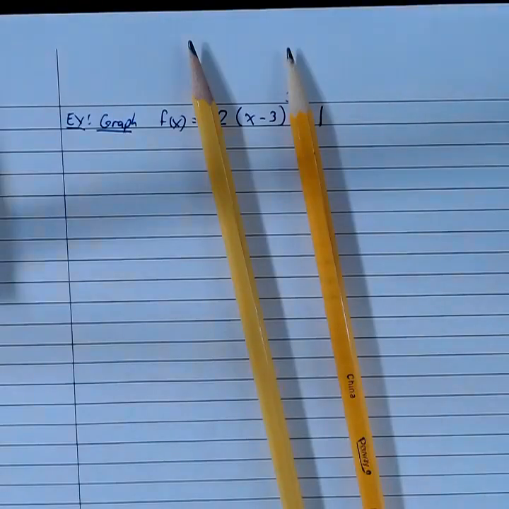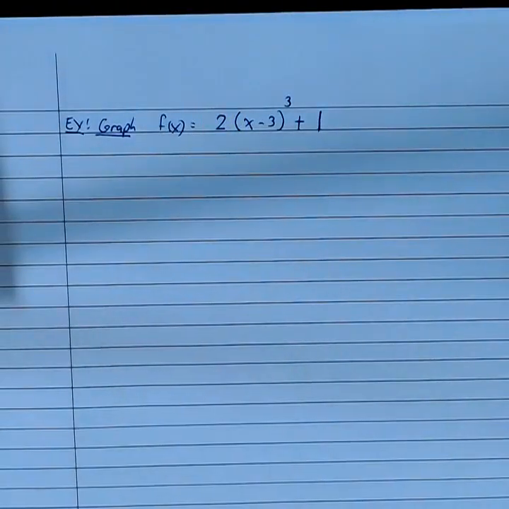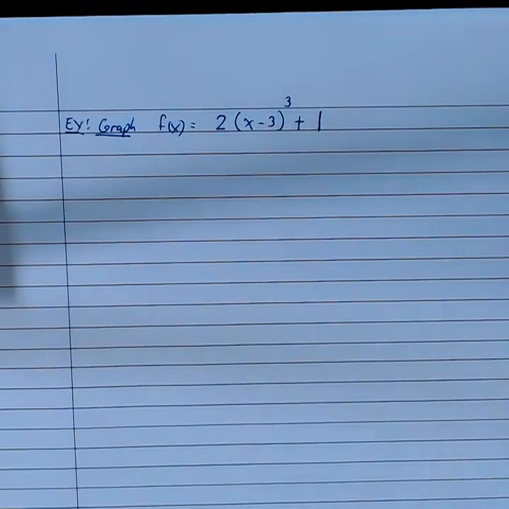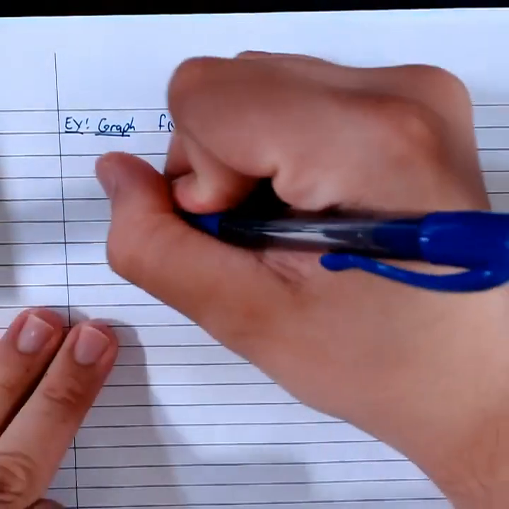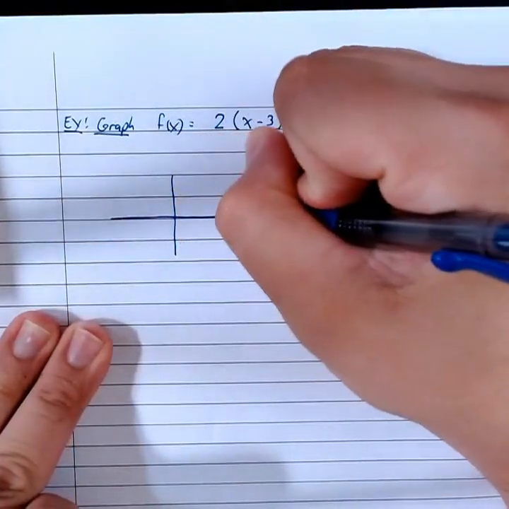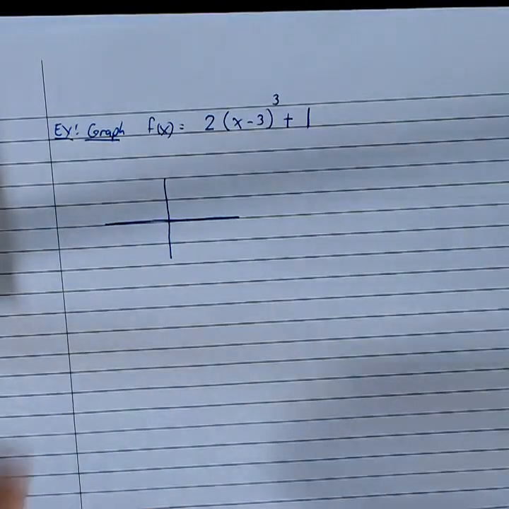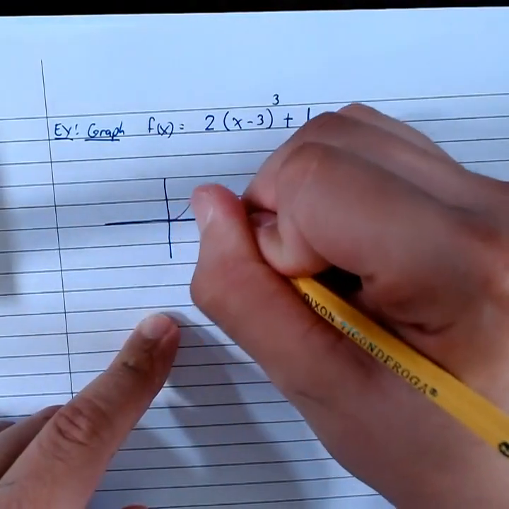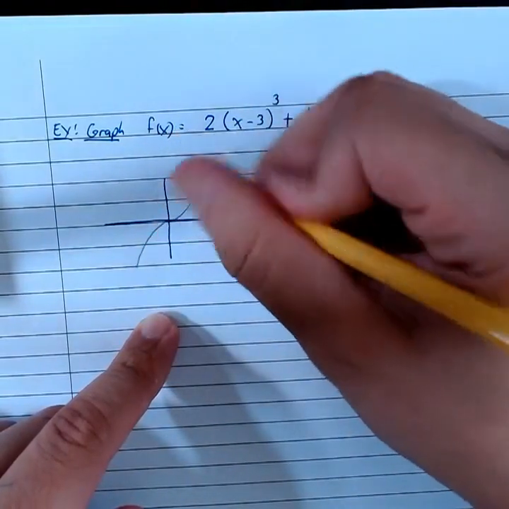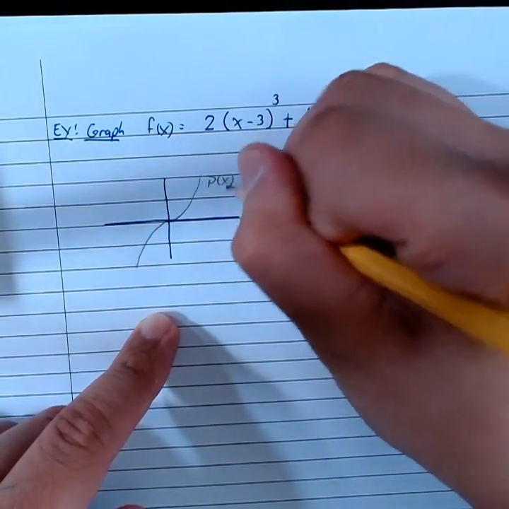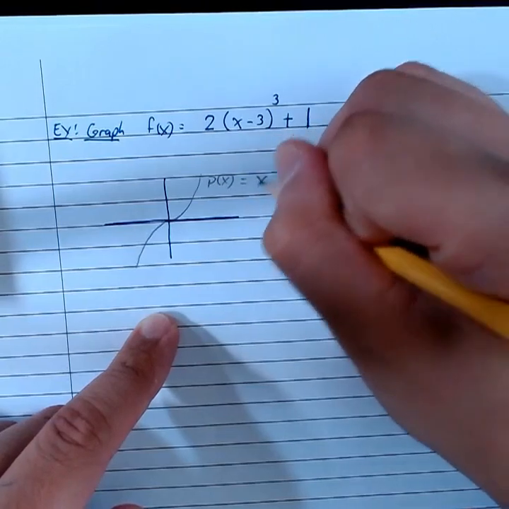So we're going to start off with that as our parent function, and then we're going to modify it as we need. Okay, parent function is x to the 3rd.